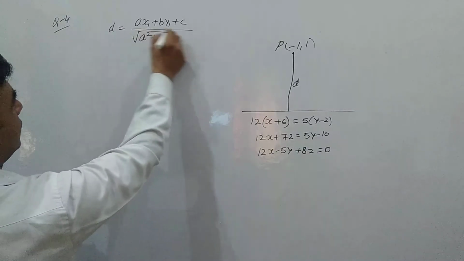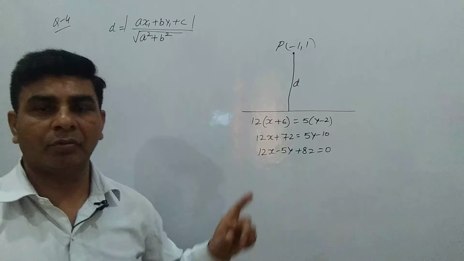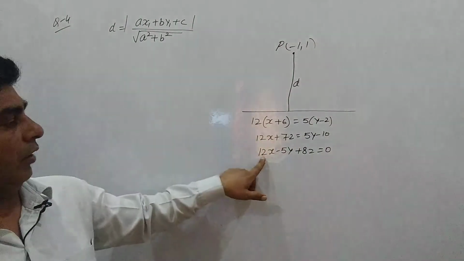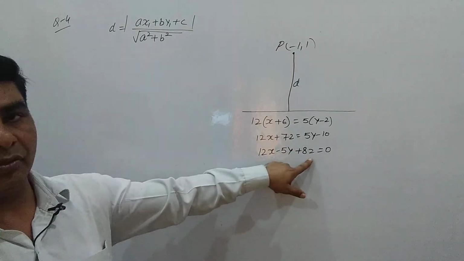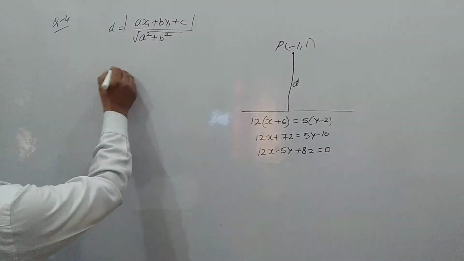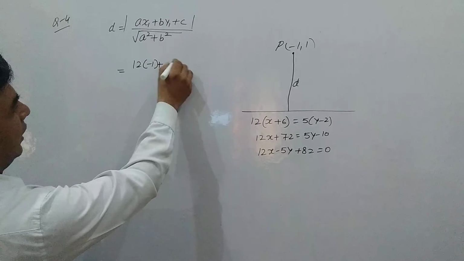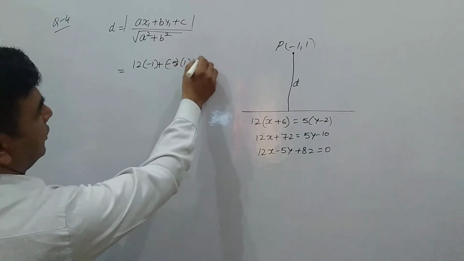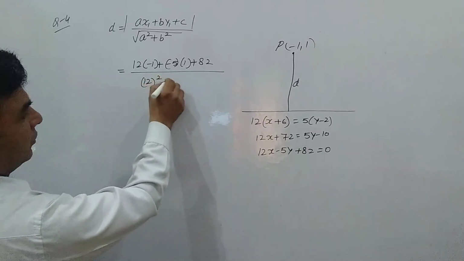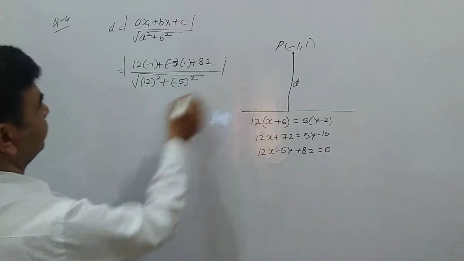This is the formula to find the perpendicular distance from a point to the line. Here a is 12, b is minus 5, c is 82, and x1 is minus 1 and y1 is plus 1. So this is given by 12 into minus 1 plus minus 5 into 1 plus 82, divided by the square root of 12 square plus minus 5 square, with modulus.